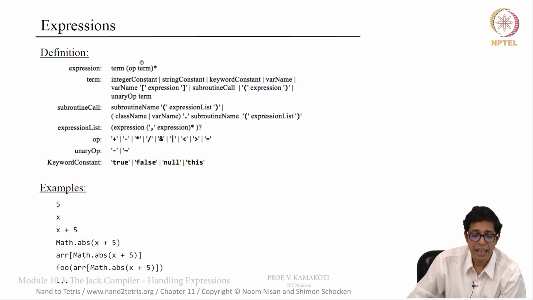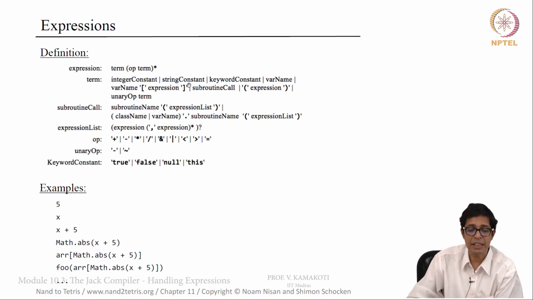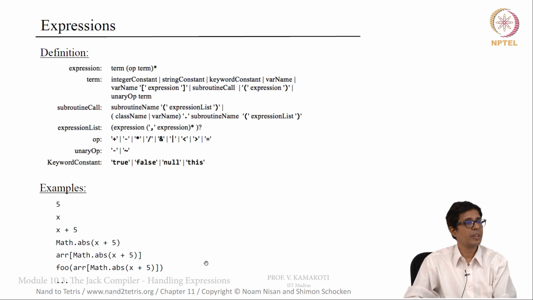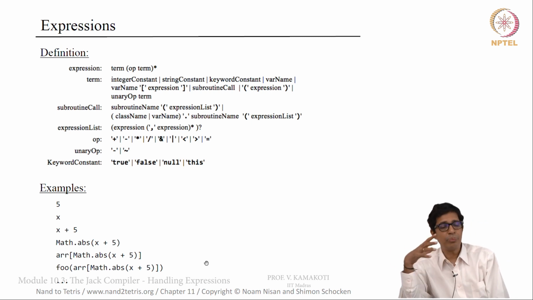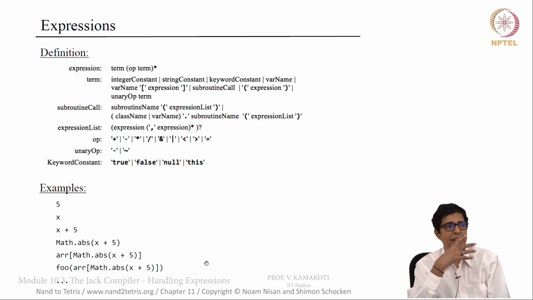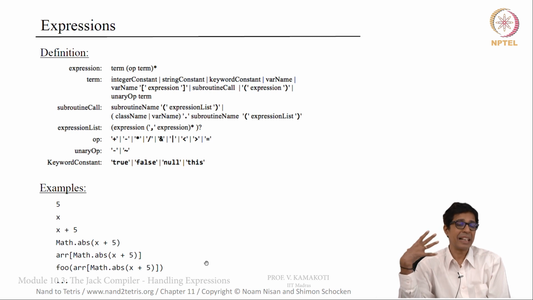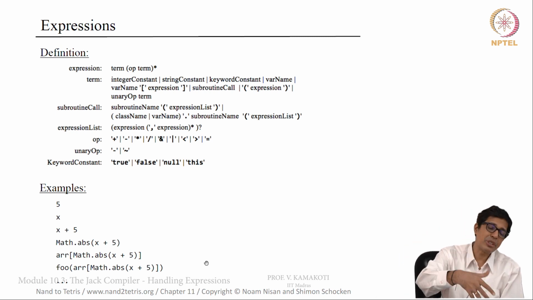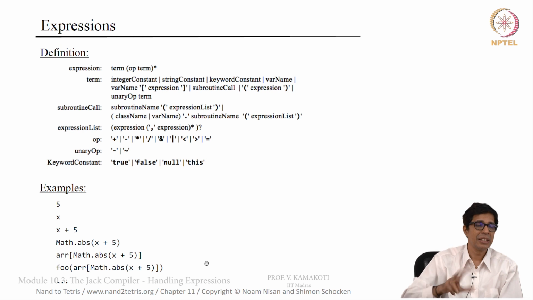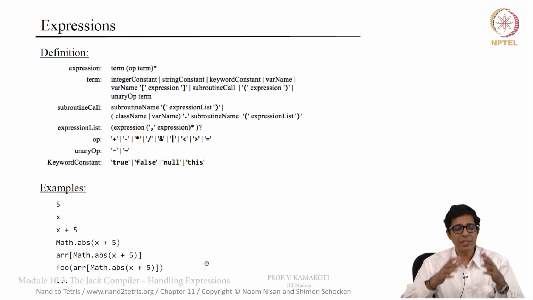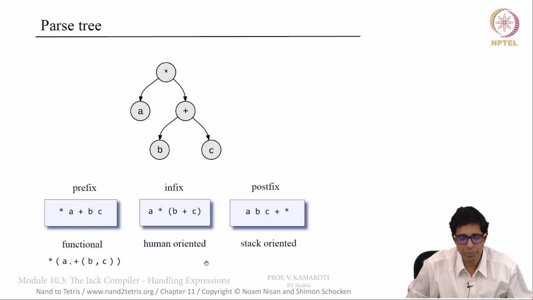Then an operator, which is plus, and another term which is an integer constant, 5. So this is the way we need to start interpreting expressions. The grammar will capture all these expressions in this manner, so try and understand this from this perspective.